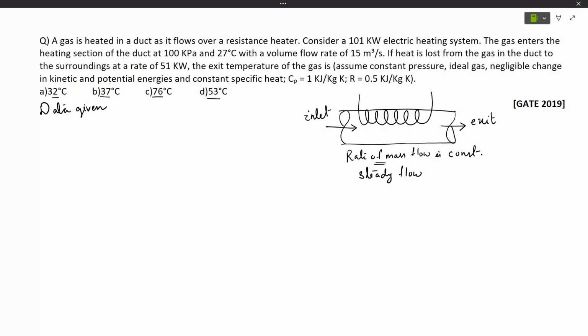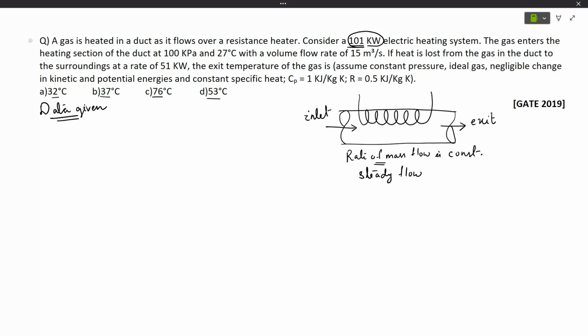The first data given is 101 kilowatt. Consider a 101 kilowatt electric heating system. This 101 kilowatt seems like a heat transfer, but actually this 101 kilowatt is a work transfer.